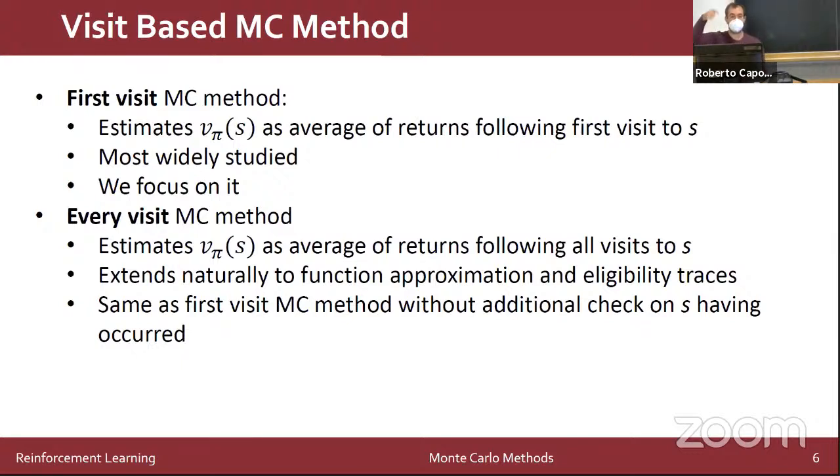And you want it to output your value, then what can you do? You can create a data set where for every state, which will compose your data part, you can associate a label, which is the return that you computed. So in every episode, you compute all your returns, you set these as labels, you create the input to be the state, so you do the supervised training.